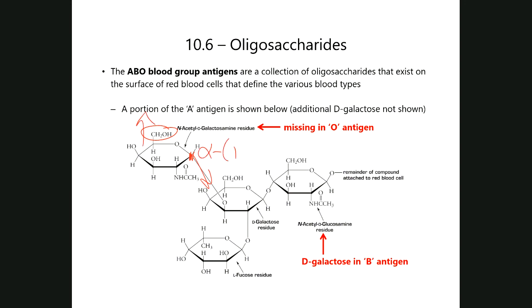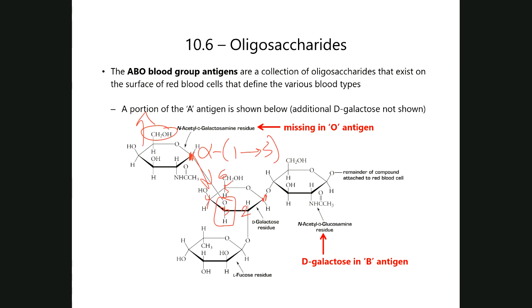The question is, what's the carbon in the other sugar? It's the sugar that's towards the middle, right? So carbon 1, carbon 2, carbon 3, carbon 4, carbon 5, carbon 6. Notice it's on carbon 3. So this is an alpha 1,3 linkage between the N-acetyl galactosamine and this sugar.